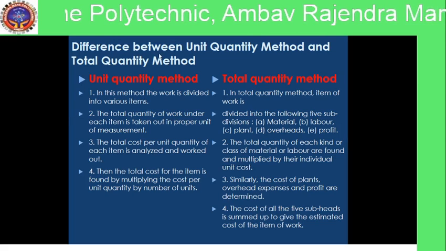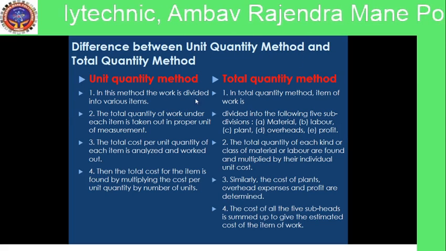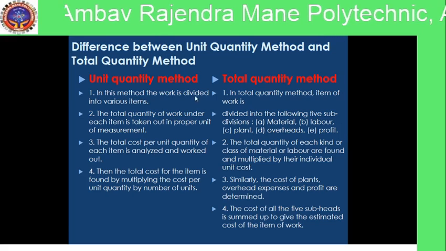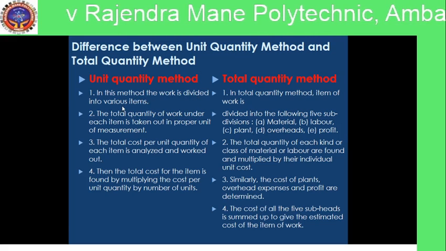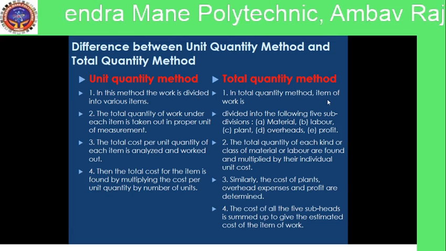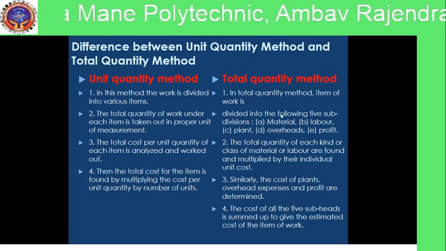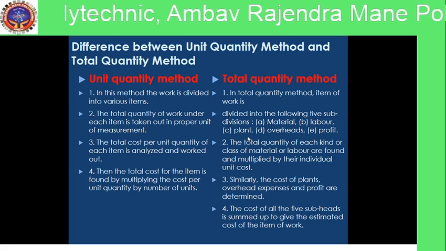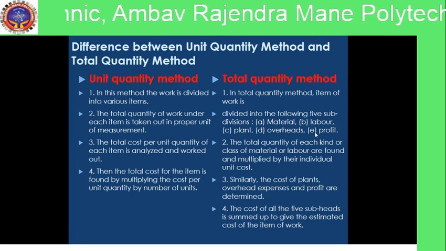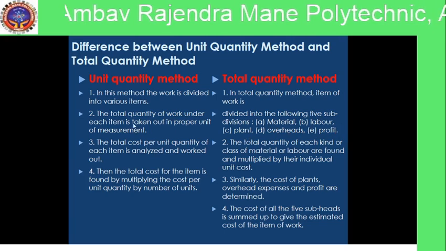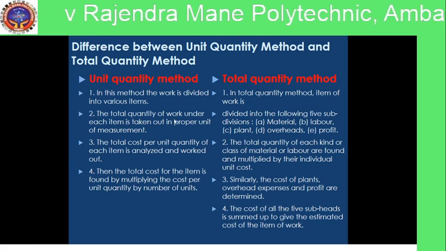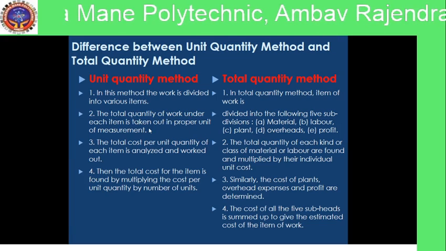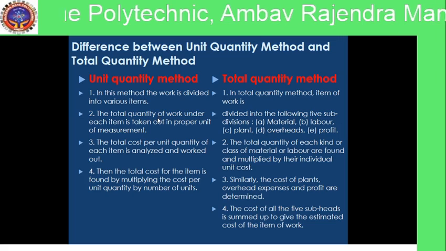Now, what is the difference between the unit quantity method and total quantity method? In the unit quantity method, the work is divided into various items. In total quantity method, items of work are divided into five subdivisions, that is material, labor, plant, overheads, and profit, etc. The total quantity of work under each item is taken out in proper unit of measurement in case of unit quantity method.